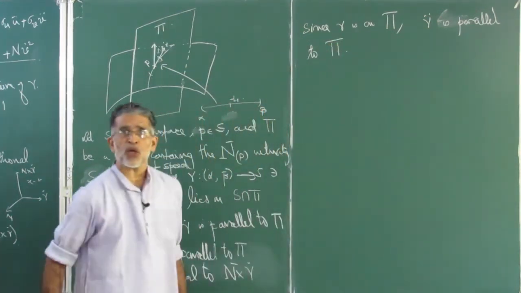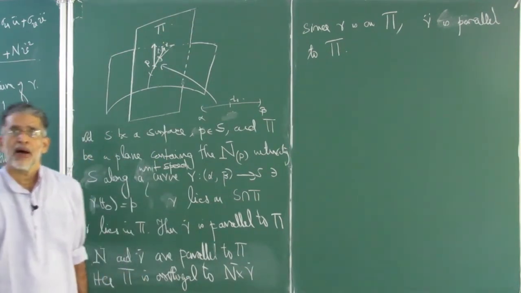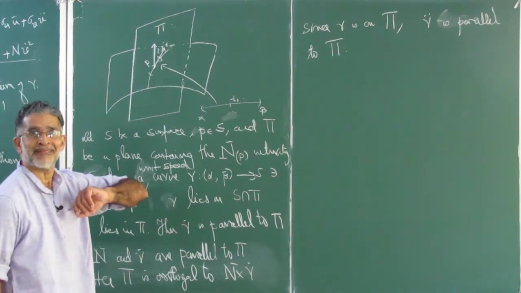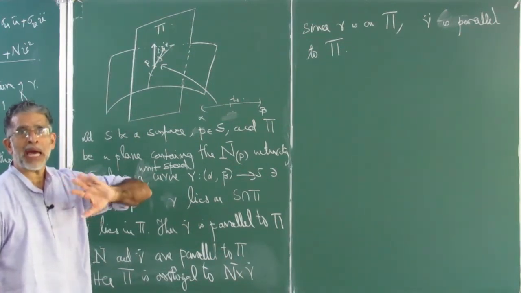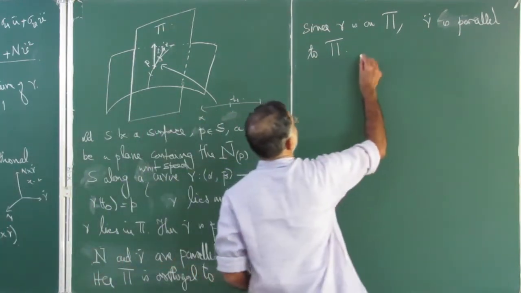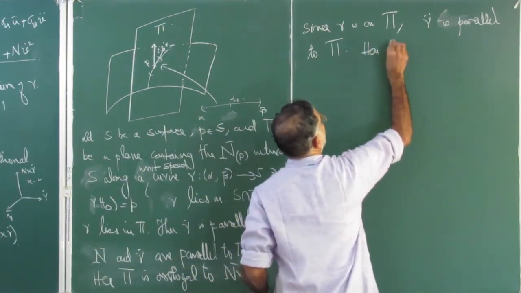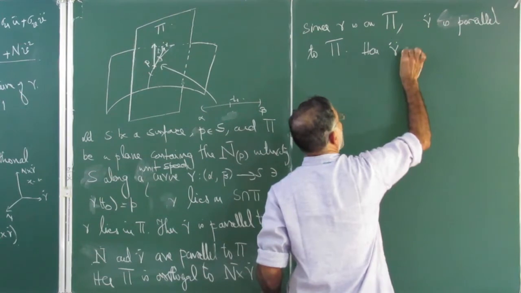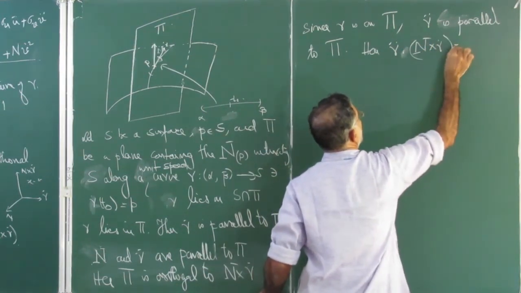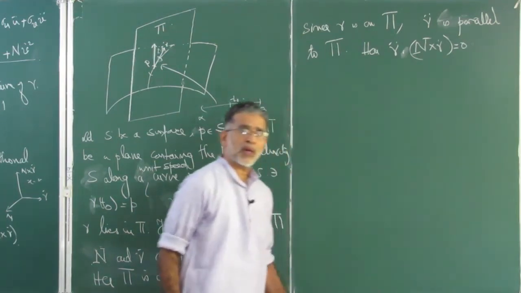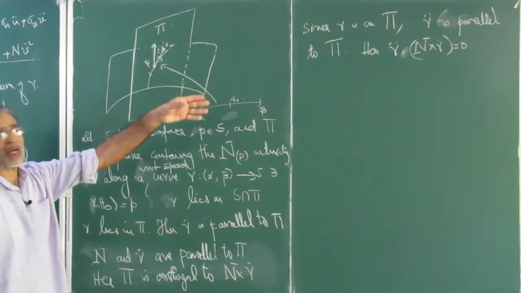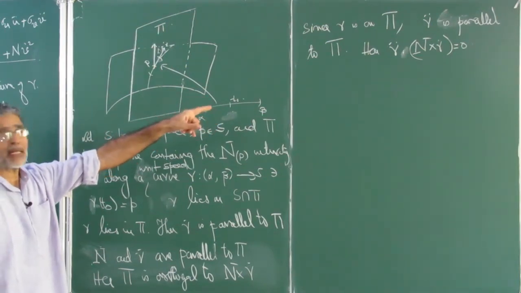Gamma double dot is also parallel to pi. And what does that mean? Parallel to pi means parallel to a vector in pi. Hence, gamma double dot dotted with N cross gamma dot is equal to 0. Because pi is orthogonal to that, any vector on pi is going to be orthogonal to that.